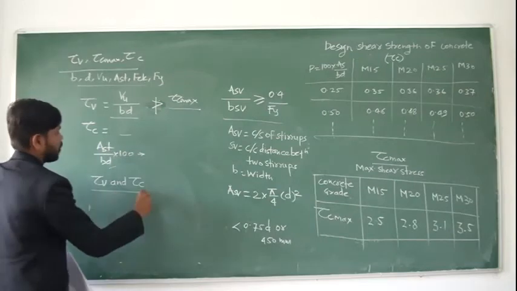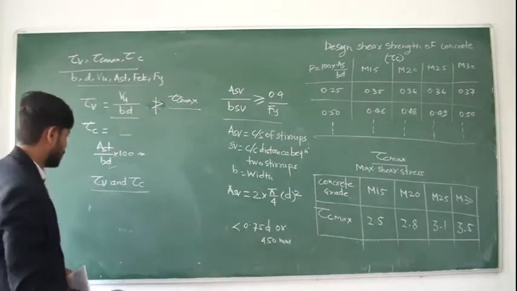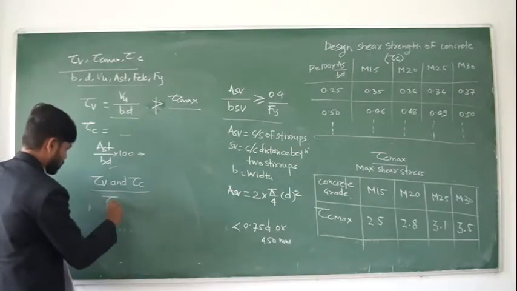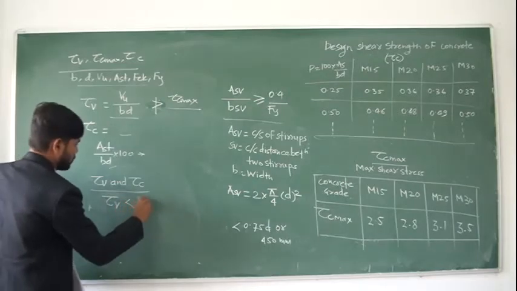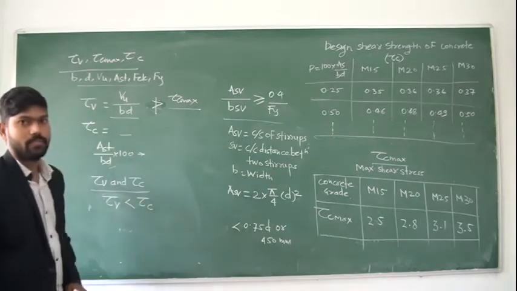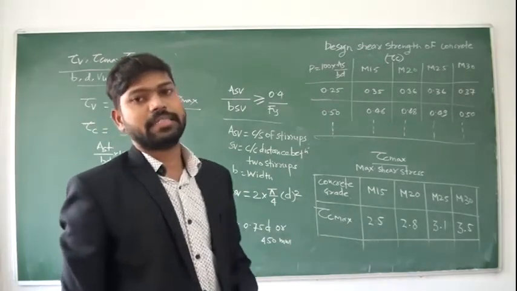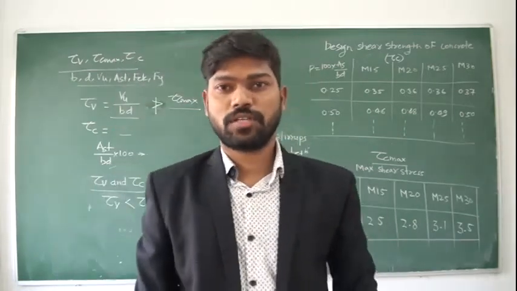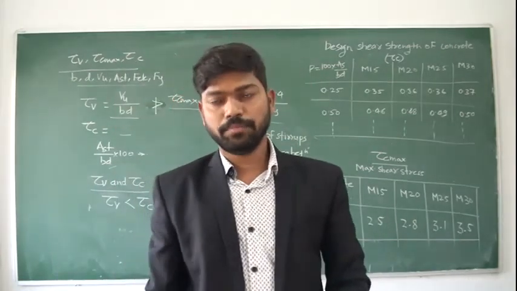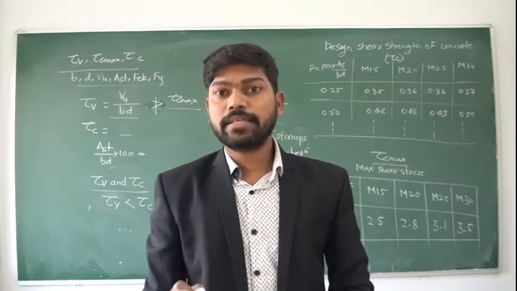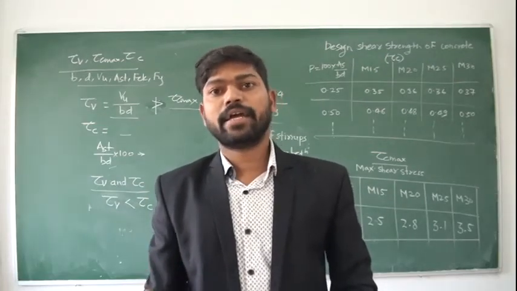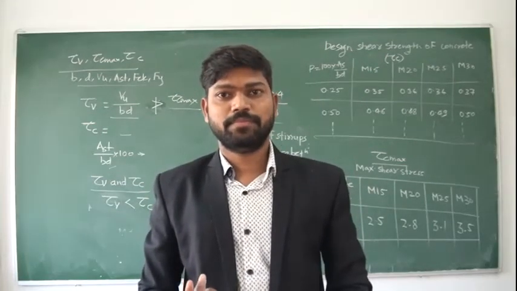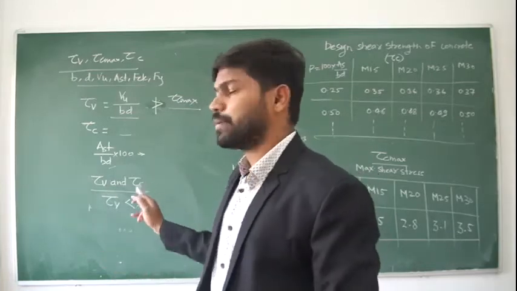Then you have to compare tau v and tau c. If tau v is less than tau c, it means the nominal shear stress occurring in the beam is less than the shear taken by the concrete. इसका मतलब क्या है?